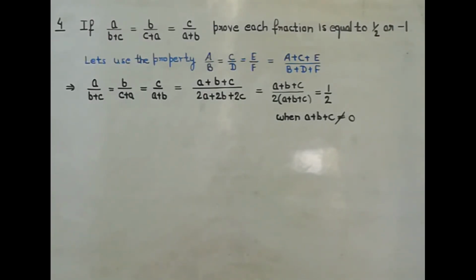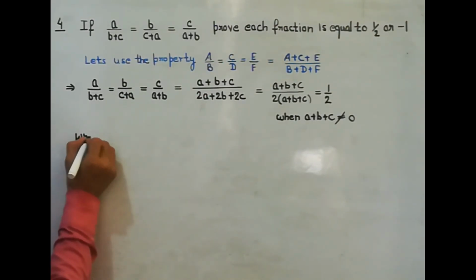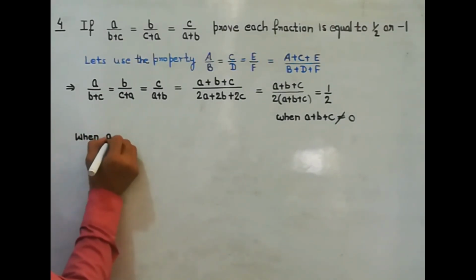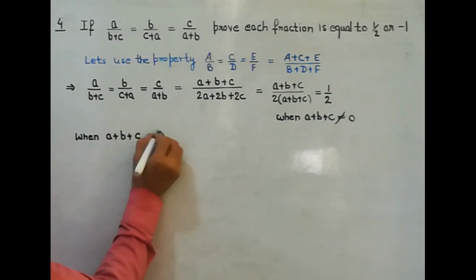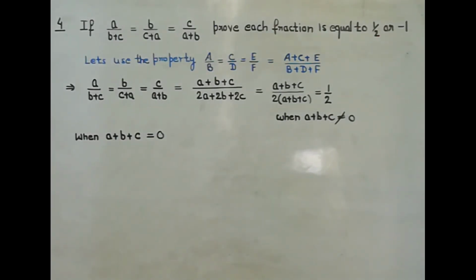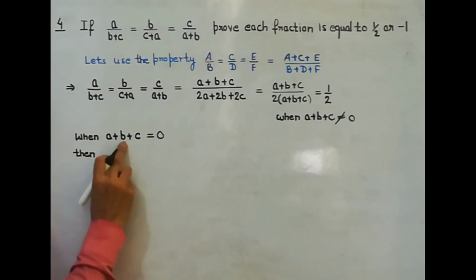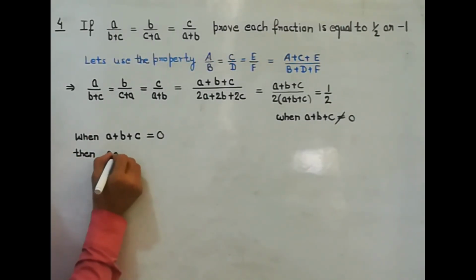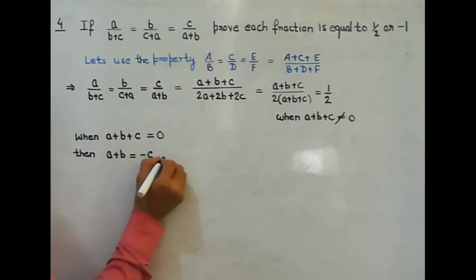Now first case we have considered that A plus B plus C is not equal to 0. Now if A plus B plus C is equal to 0, then from here we can get A plus B, you transfer it that side, is equal to -C.